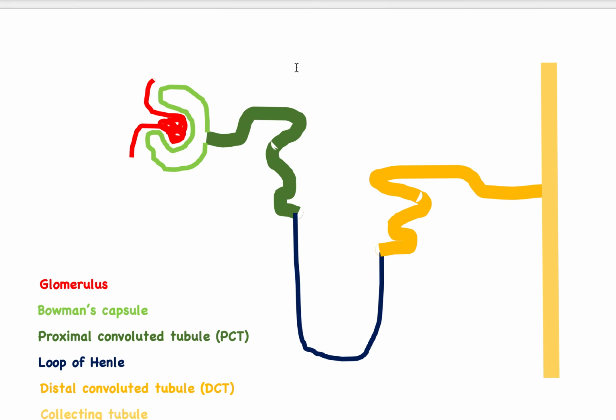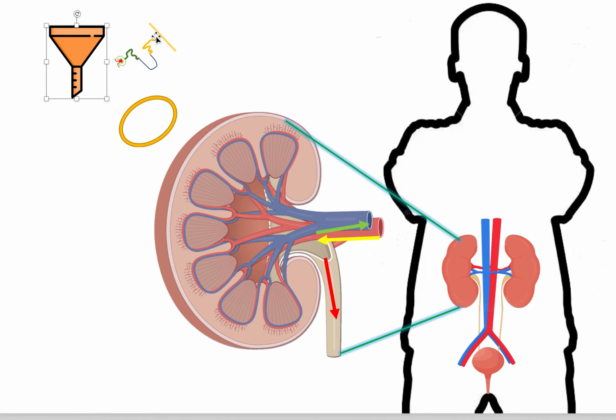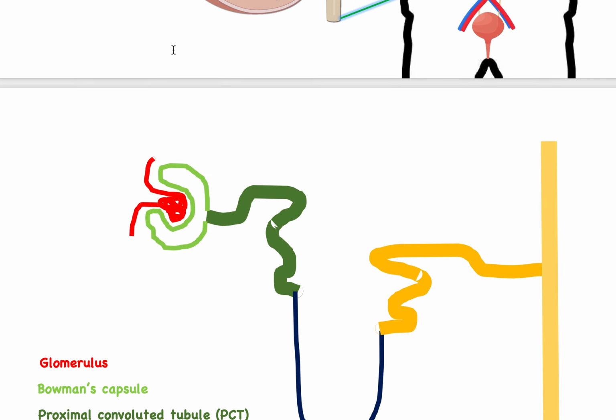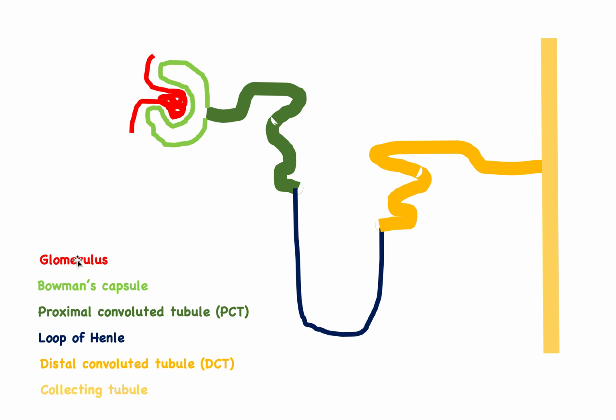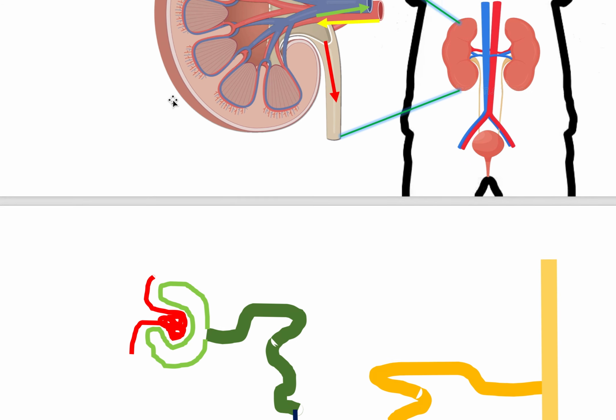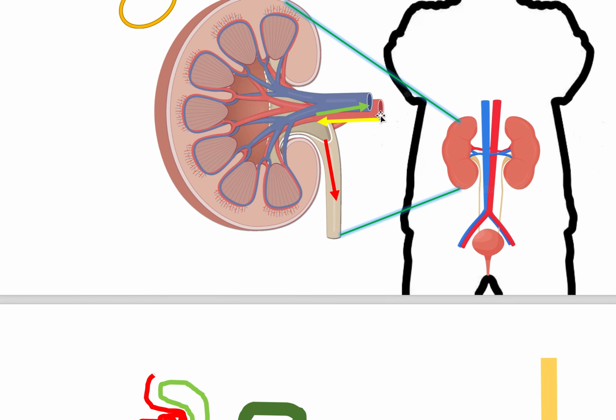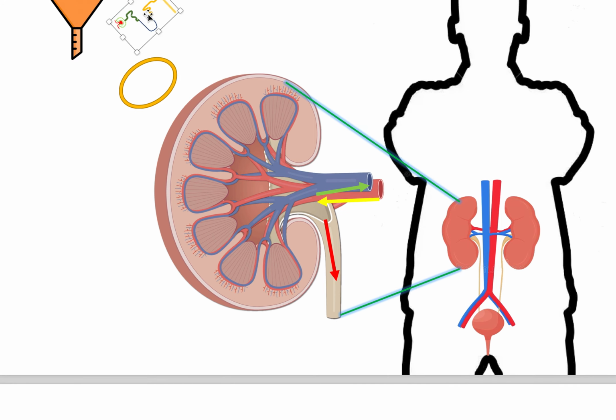Now, here I zoomed into it because I don't like to look at things small because it makes it look so complicated. So I made it nice and big here for us to see all the parts. Again, color-coded, this red part is the glomerulus. What is the glomerulus? Remember, our artery blood that has good and bad things in it needs to be filtered. So it comes in and branches off super tiny, and eventually it reaches the nephron.